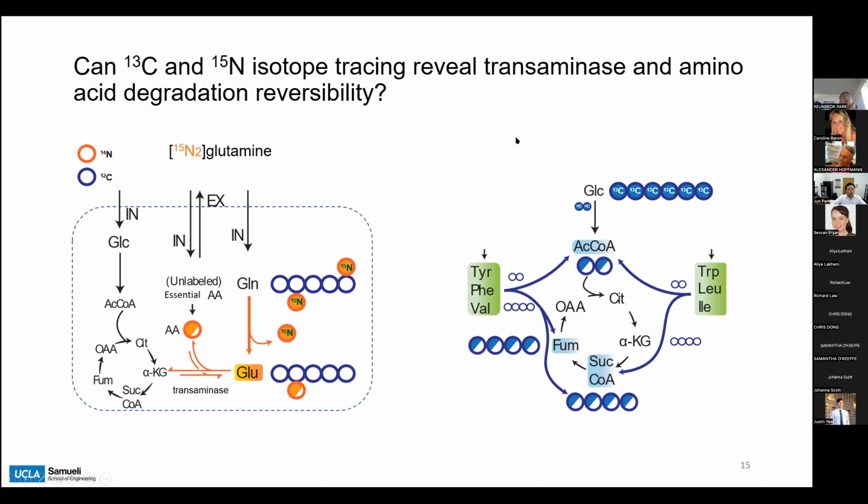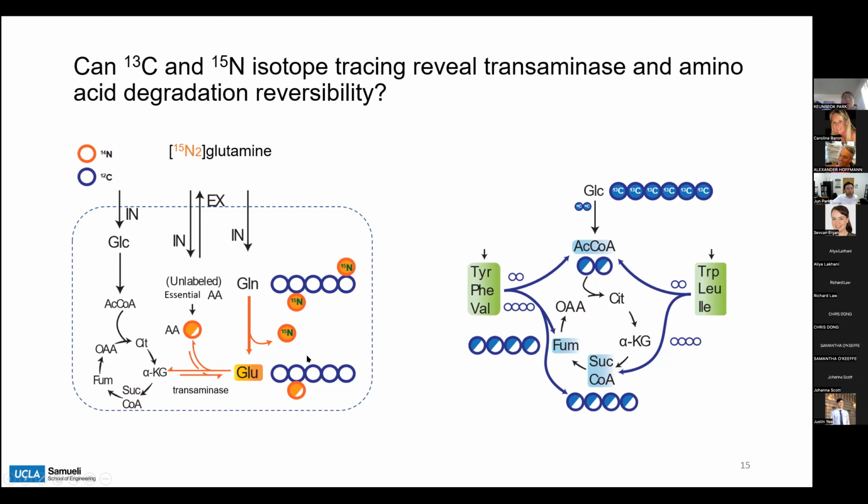Another question that we also wanted to answer through the G-Flux is whether 13C and 15N isotope tracing is able to reveal transaminase and amino acid degradation reversibility. This is the figure I also showed in the previous slides, to once again explain there is a 15N2 glutamine substrate that gets into the cell.